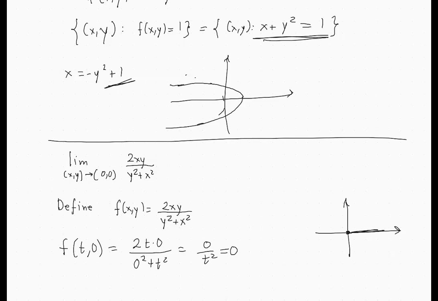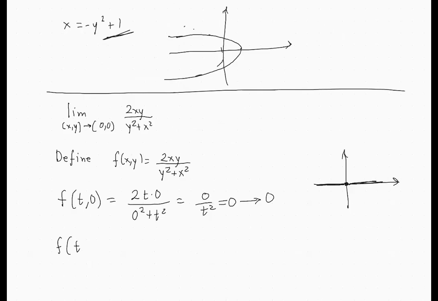But now, if you take f(t, t), then this will give you 2t times t over t squared plus t squared, which is 2t squared over 2t squared, also known as 1. So that tells you that along the bisector, the trajectory, if you like, of the vector-valued function r(t) equals (t, t), the function is constant and equal to 1.